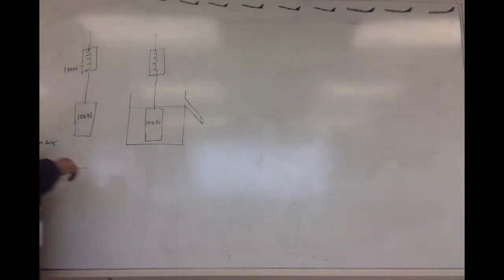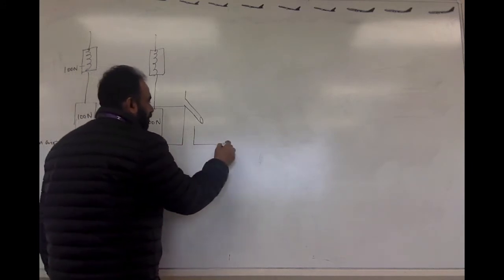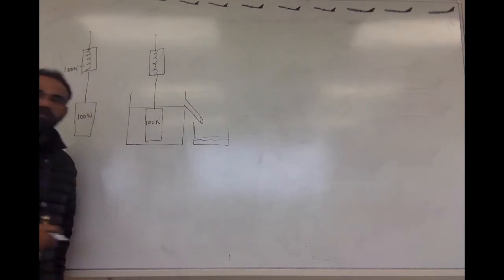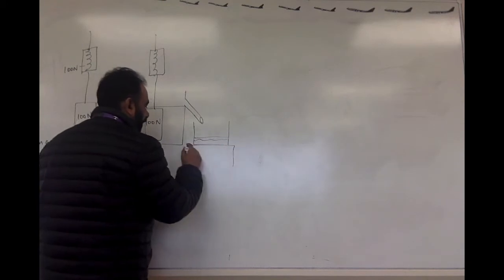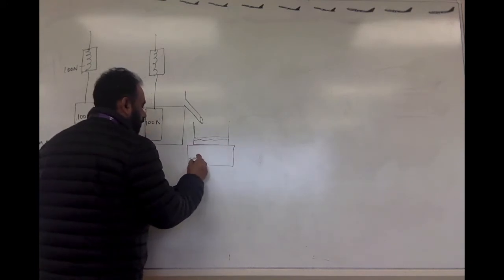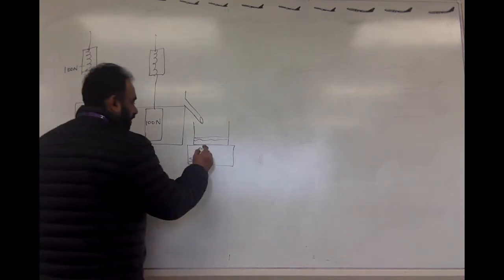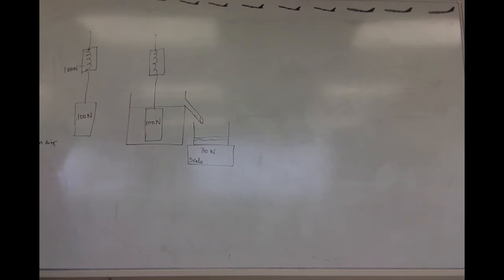And as soon as this object goes into water, some water is going to be pushed out, right? And if I put this on a scale, it will read something. Let's say it reads 30 newtons.